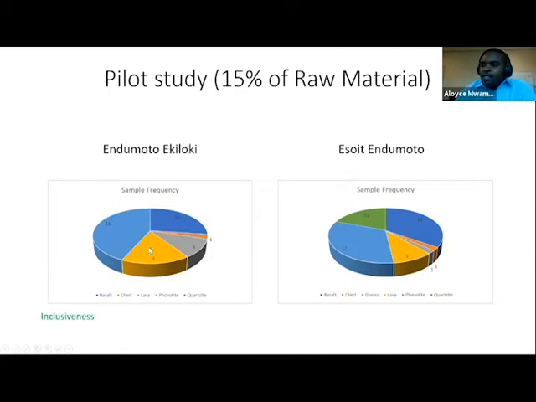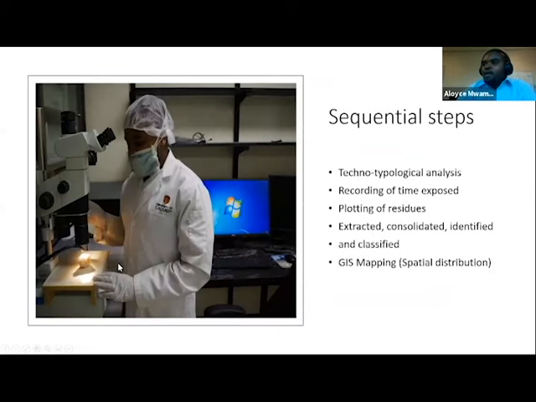In Oldupai Gorge, these are, I would say, our main raw materials usually found at Oldupai. You can see basalt is there, chert is there, lava is there, phonolite, and quartzite. So these are the frequency materials which we expect to find, and 15% was able to give me a variety of raw materials, as you can see.